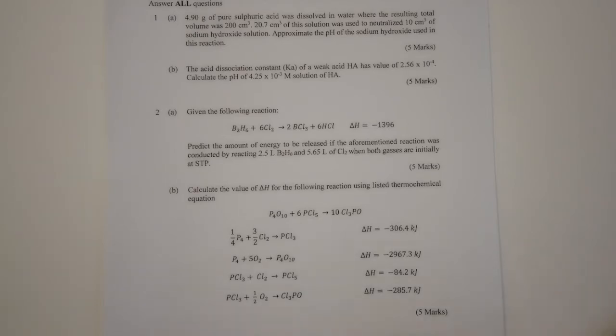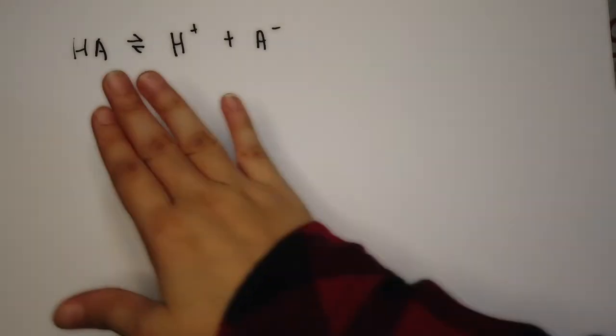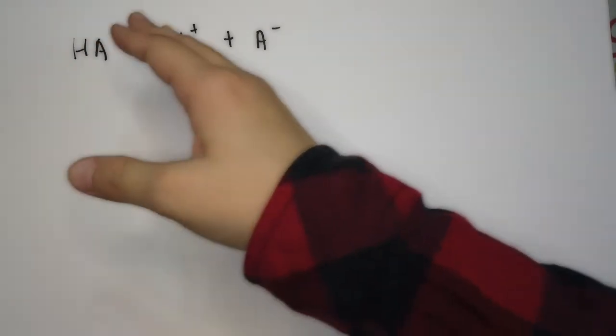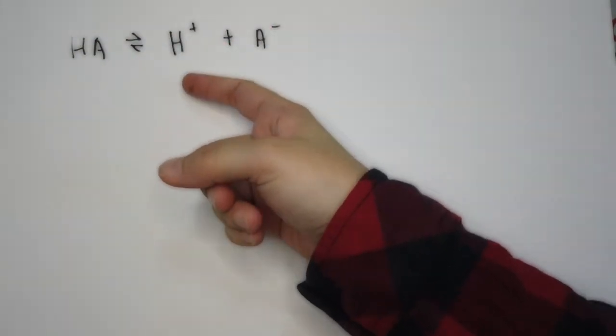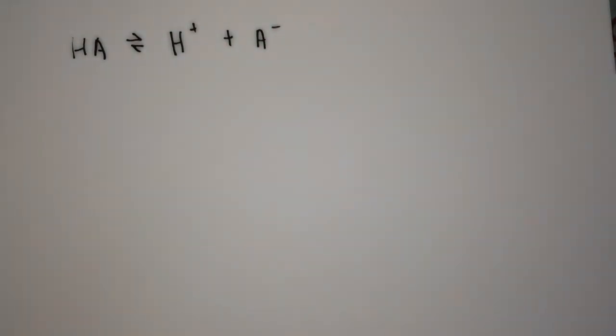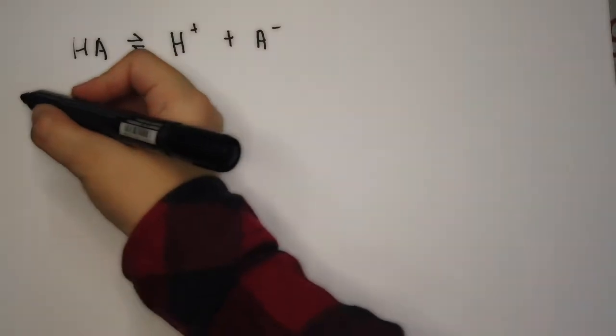So the first thing that you need to do is to write the equation. Given to you, the chemical reagent is HA. When it dissociates, HA will form H plus and A minus. The next thing that you need to do is create the ICE diagram.